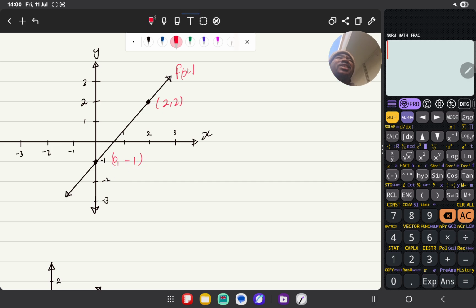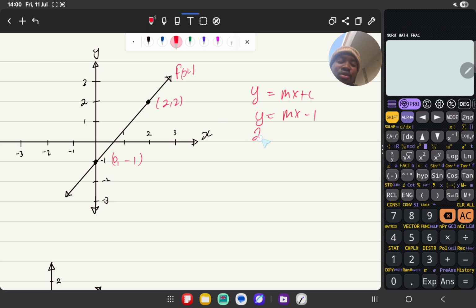I'm glad this was the first one, because before you even think about it, you say y equals mx plus c, and then from there you substitute -1. Why -1? Because you know that c is the y-intercept, the y value intercept. So we have -1 here, then that is c.